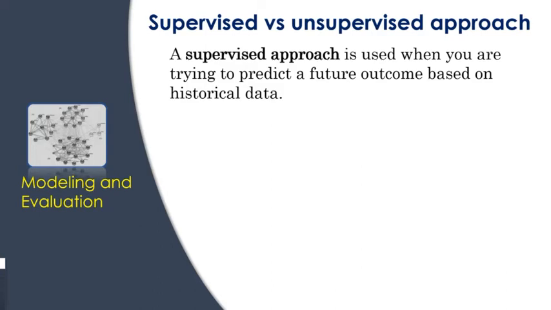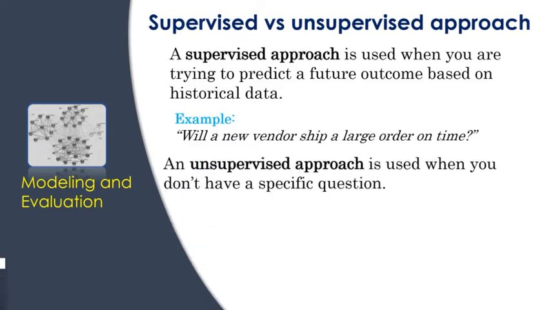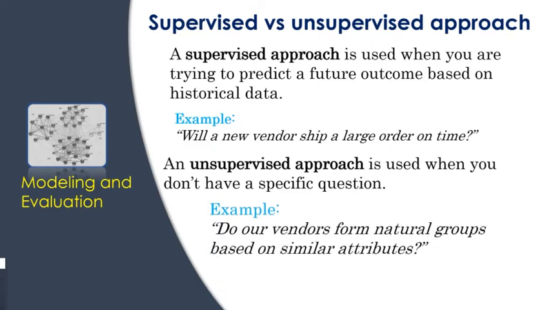In that case, we will be using the supervised approach. An example: will a new vendor ship a larger order on time? And the unsupervised approach is when you don't have a specific question. You will just analyze something. For example, do our vendors form natural groups based on similar attributes?